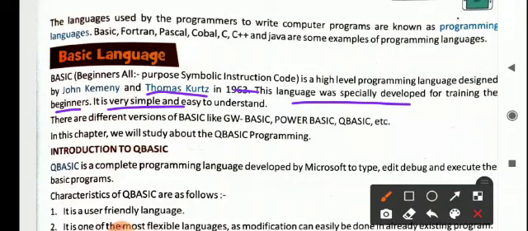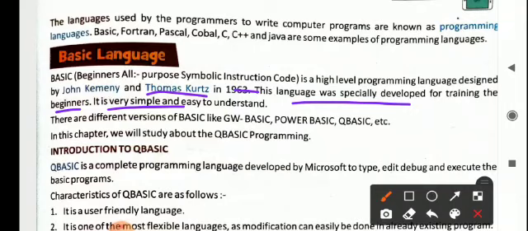Debugging is the process of finding errors and removing them from the program. However, debugging and writing code in machine language was difficult for the user. So for that reason high level languages were developed, and BASIC is for beginners.